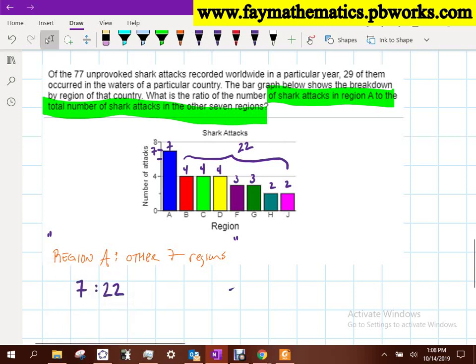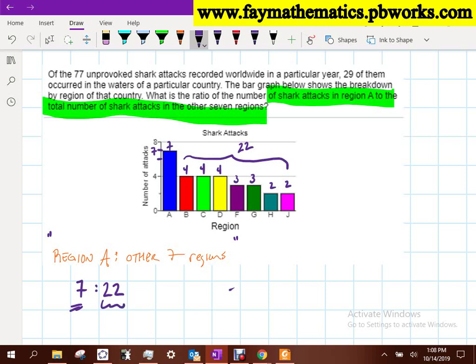They instantly read this and they say, okay, region A is 7, and they compare it to 77. Because they gave you an unimportant value in the beginning, right? They give you extraneous information. Or they take 7 and they compare it to 29. You need to understand what you're comparing A to, the other 7 regions.